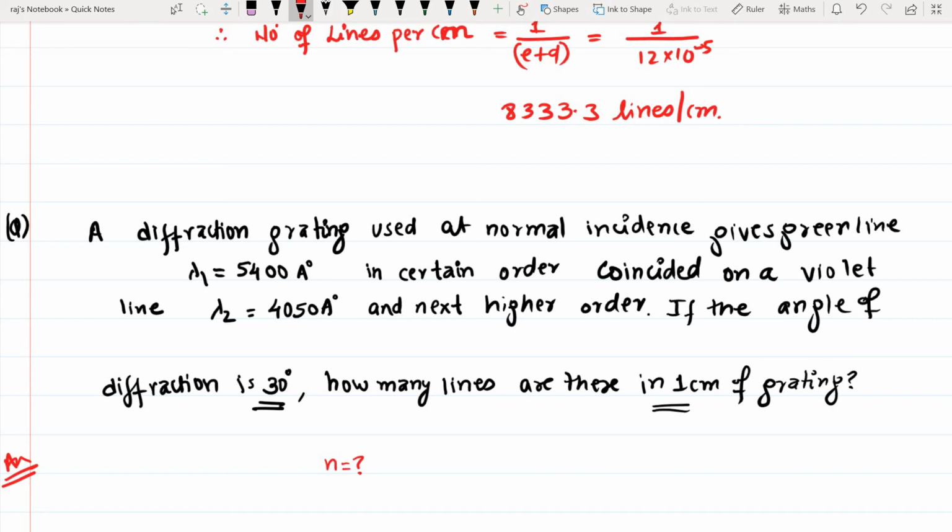We have been given one condition: lambda 1 is coinciding with lambda 2 of the next higher order. So if we take the order n, we get n lambda 1, and the next higher order will be n plus 1 lambda 2. Then we'll equate and get the value of n.